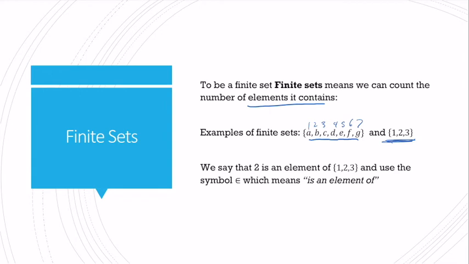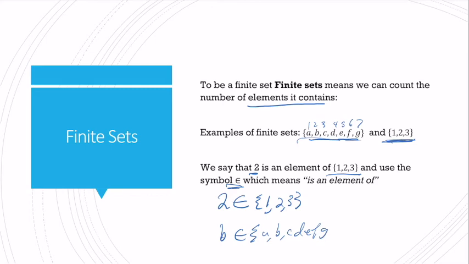When a set contains an element, we say that element is in the set. We denote that with this symbol. It's like a really stretched out E, kind of looks like the euro symbol. That means element of. So here I say 2 is an element of {1, 2, 3}, and B is an element of {A, B, C, D, E, F, G}.